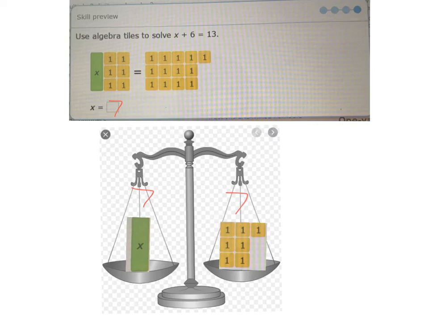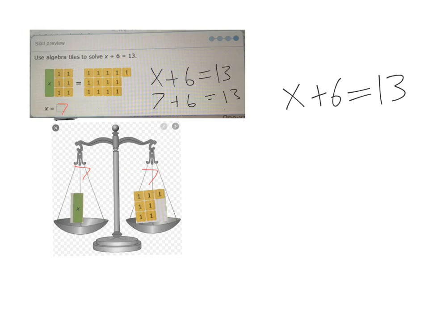So our expression is x plus 6 equals 13. We've said x equals 7. 7 plus 6 equals 13. We are correct. I'm really hoping this visual way of taking away the 6 from each side made it obvious to you how we kept that equation balanced.